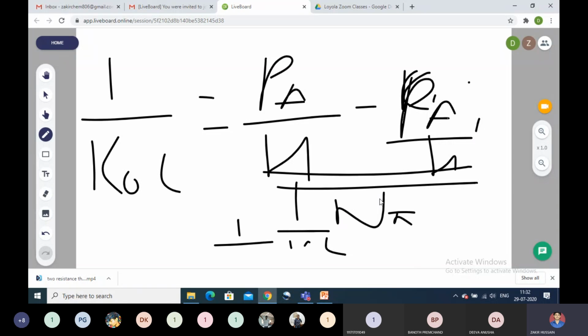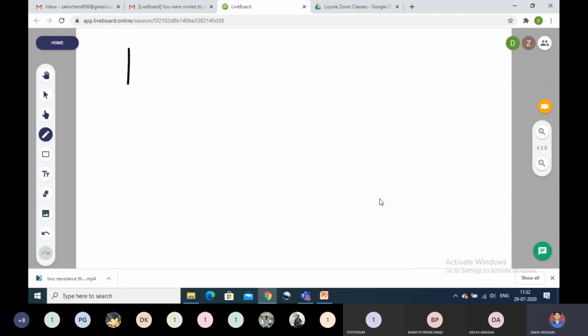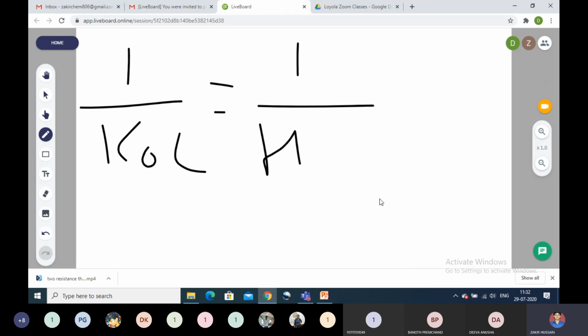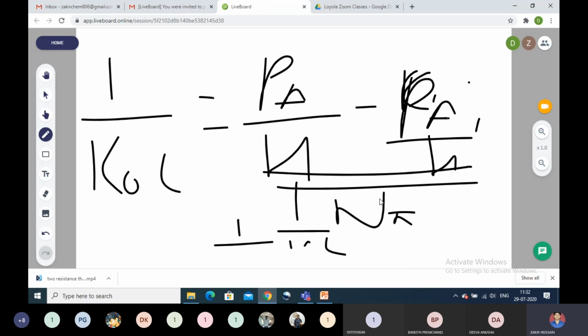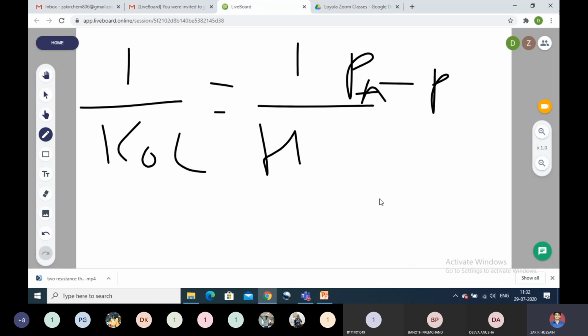So we can take H outside. When we take H outside, 1 by KOL is equal to 1 by H, Pa minus PAI by Na.